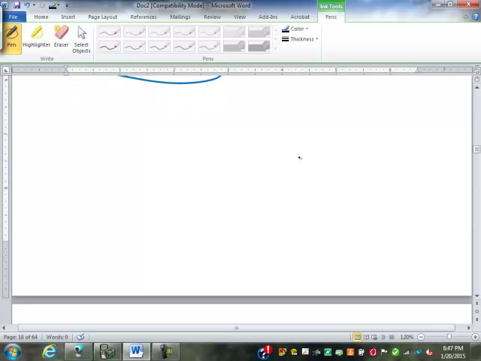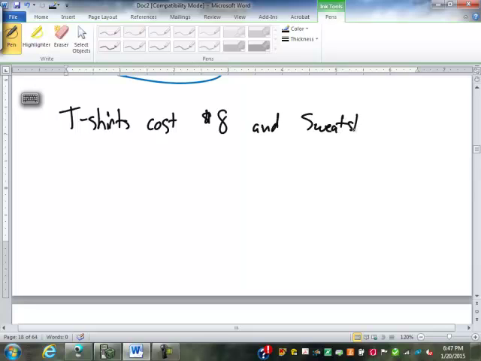Outside of regular formulas, we can come into ones that are a little more complex, like let's say t-shirts cost $8 and sweatshirts cost $12.